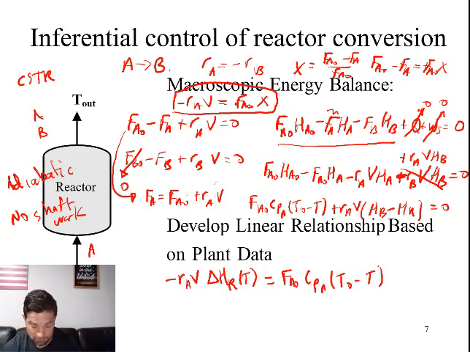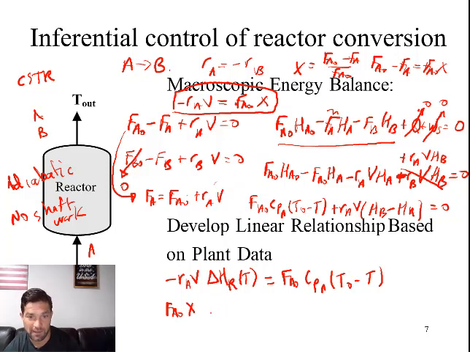So finally now, we can get our temperature dependence because we know that RAV equals FA0 X, so I can replace this term right here. We have FA0 X times the heat of reaction.